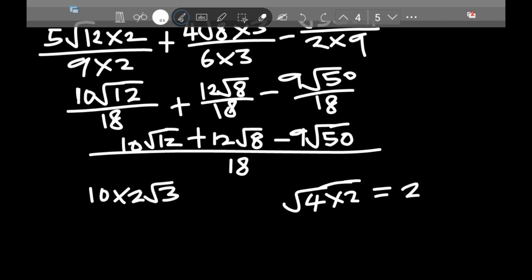So you should get 2 root 2, because this 2 will never be rendered into a whole number, so you need to put the square root symbol on top of that 2. So now you have broken root 8 into 2 root 2.